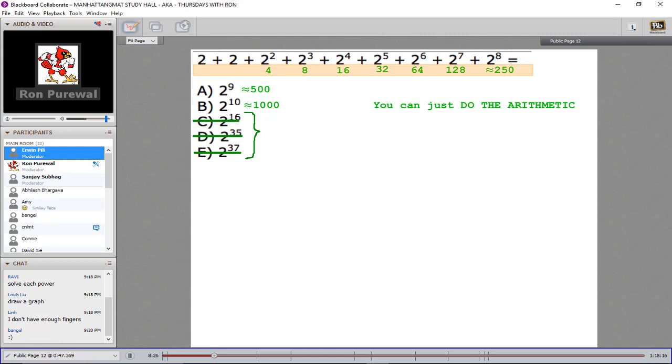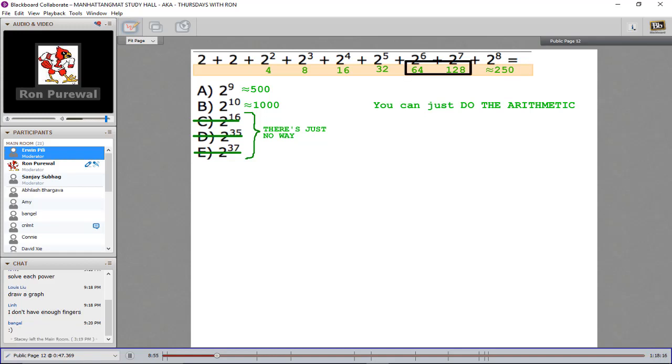So there's just no way. We can just approximate this stuff, right? These first few terms are so small that they almost don't even matter. So 250 approximately plus 1, these two terms right here are about another 200.